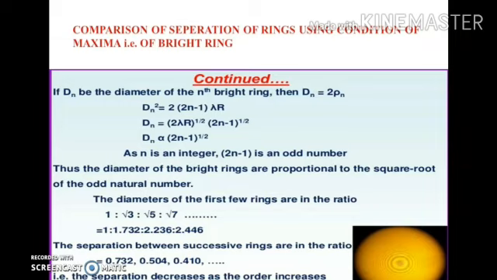And again, using the same pattern, we can find out the value of D2 minus D1, D3 minus D2 and so on. So we get a pattern and we can show that the diameters of the first few bright rings are in the ratio 1 is to square root of 3 is to square root of 5 is to square root of 7. So we see that the separation between the successive rings keeps decreasing. So it means that as the order increases, as the value of n increases, the rings become narrower.